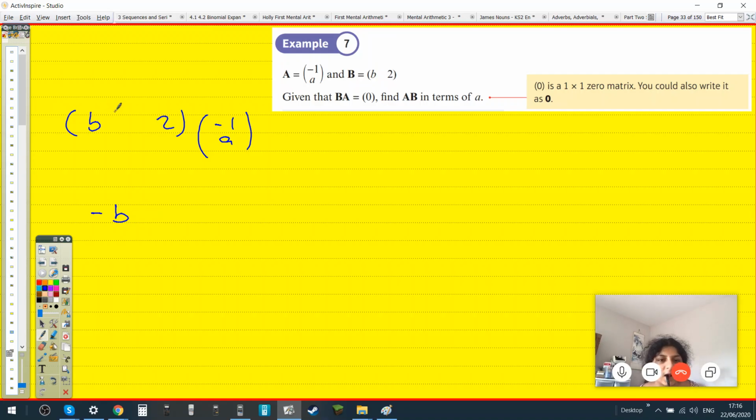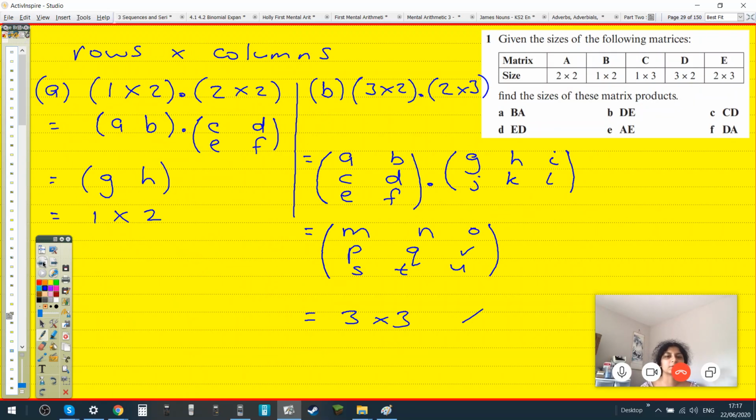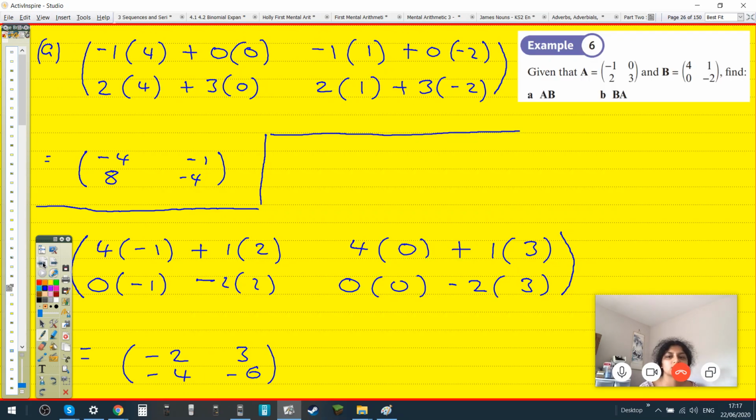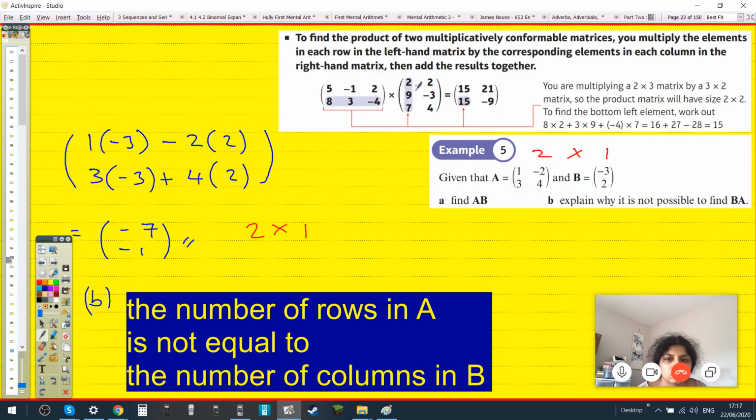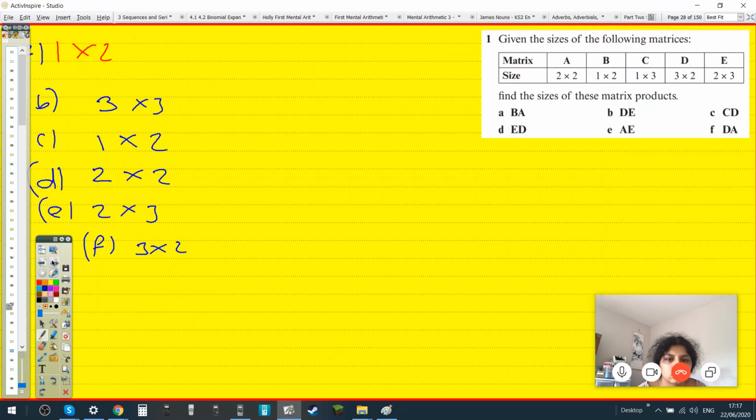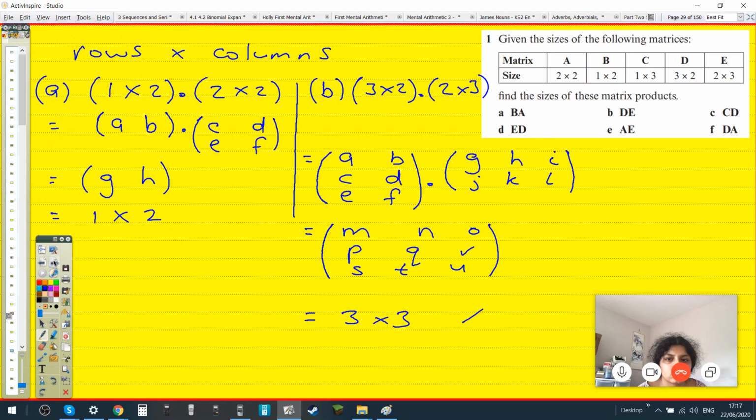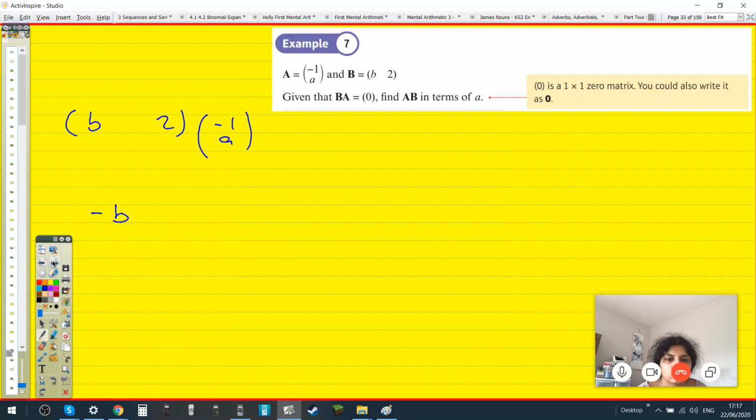Row B times A. We multiply across and down, isn't it? I'm confused. When we multiply, it is across and then down. So it's like x, y, across, down. And so we do B. Oh, so it's minus b and then 2a.